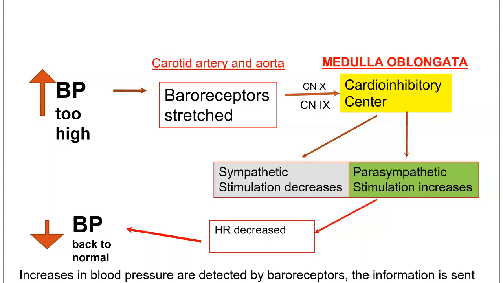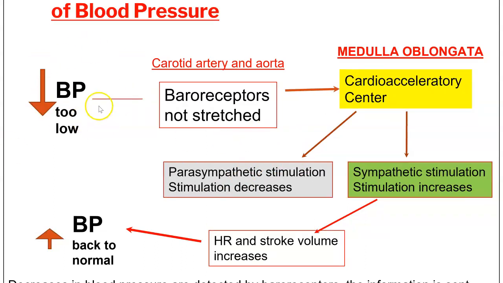Parasympathetic stimulation, in turn, decreases the heart rate, which in turn is going to decrease cardiac output and bring the blood pressure back to normal. So increasing blood pressure stimulates parasympathetic stimulation to decrease heart rate and lower blood pressure.